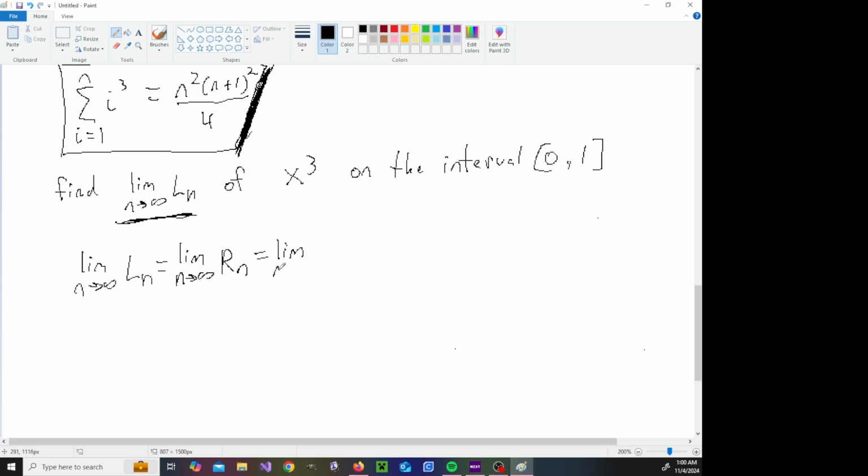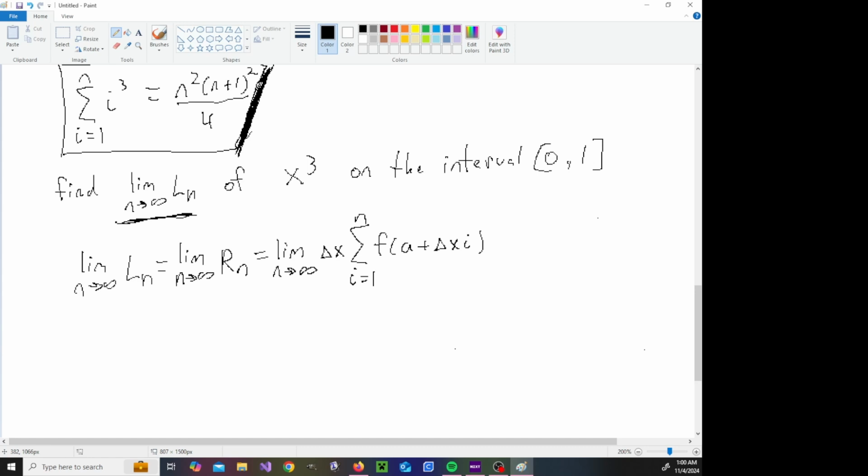So this is defined from the concepts that we figured out a bit earlier: the limit as n goes to infinity of delta x times the sum of f of a plus delta x i, where i starts at 1 and goes up to n. Well, this is the general form.